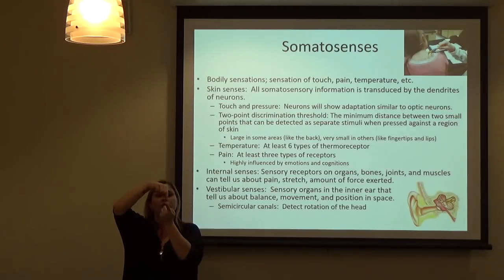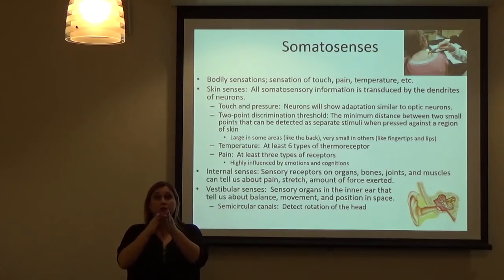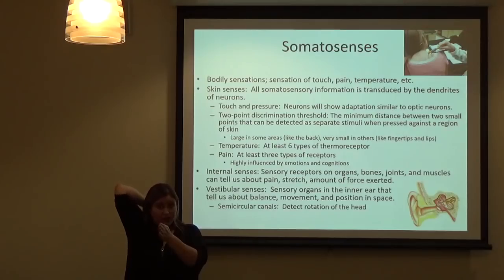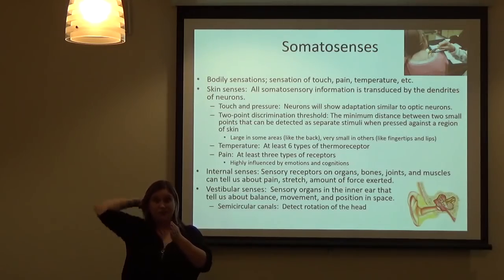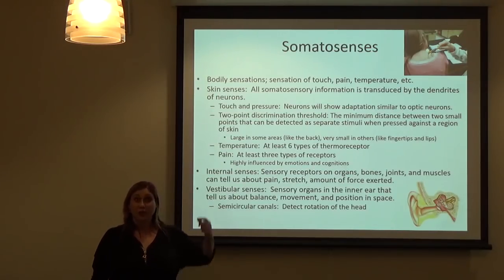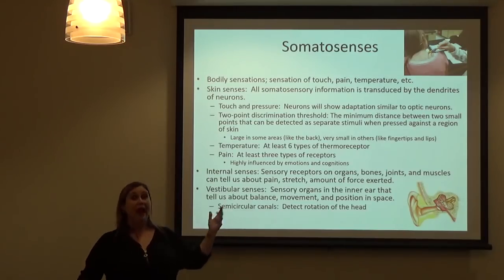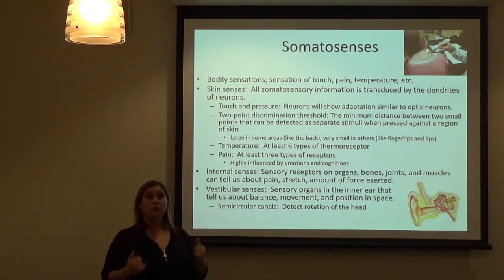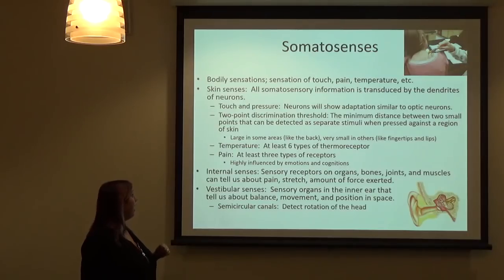If you do it on your finger, the 2 points can be really close together and you can still tell the difference. But on your back, the 2 points have to be a lot further apart before you can tell it's 2 different points. And the reason for that is because you have way fewer receptors in your back than you do in your fingertips or your lips or your eyes.